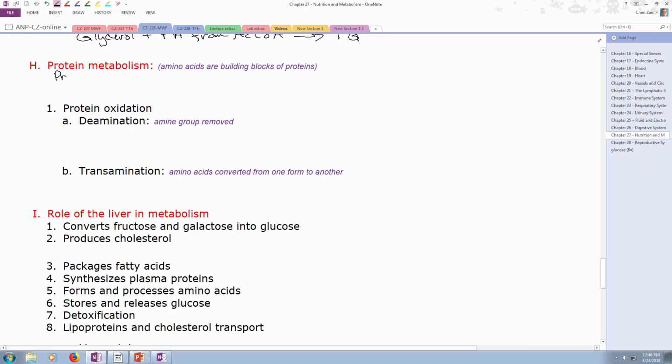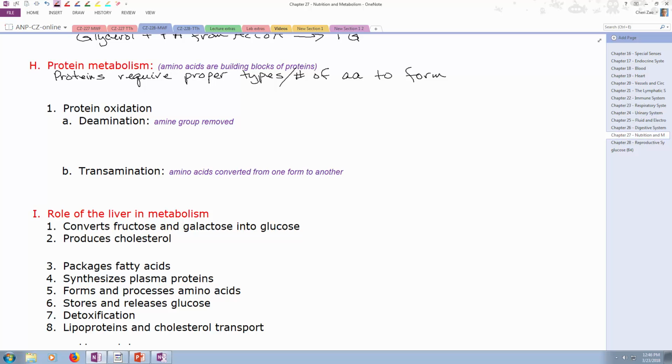So proteins require proper types, and obviously number, of AAs, amino acids, to form. If we don't have the amino acids present, we won't make the proteins. Because that's just the way it is. The protein chain is very specific for the amino acids.